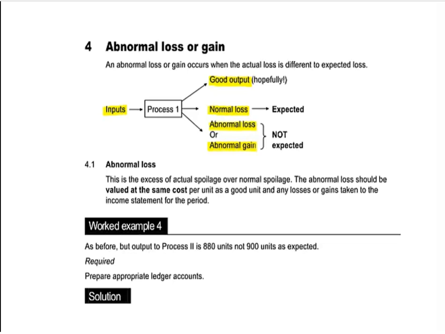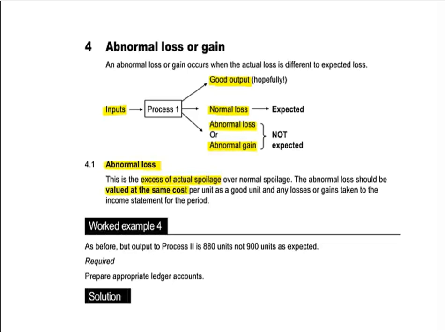We're starting off then by looking at an abnormal loss, which, as the name suggests, is just additional spoilage than we expected. The difference is that because we weren't expecting it, we can't reduce our process costs for it, and so we have to value the abnormal loss at the same as a cost per good unit.